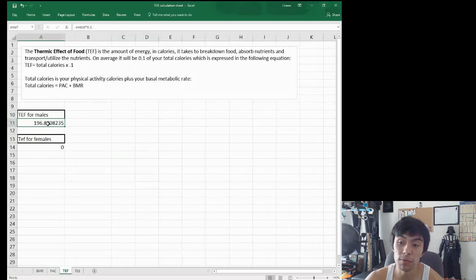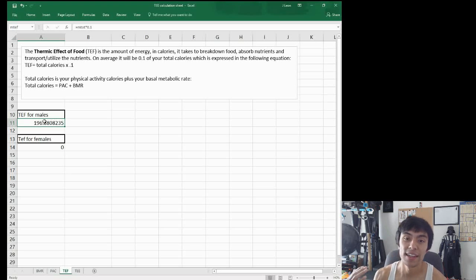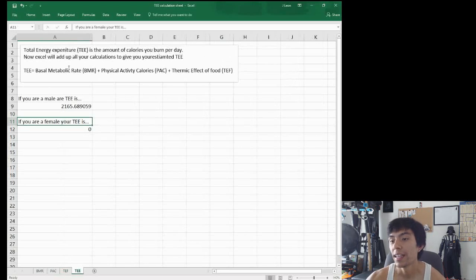I'm going to just round it up really quick. And it just automatically does it for you, so you don't have to worry about this page. But basically, this is just saying that when you eat, your body breaks down the food. It uses calories to break down the food and to transport that food throughout your body. That's all that page is saying.